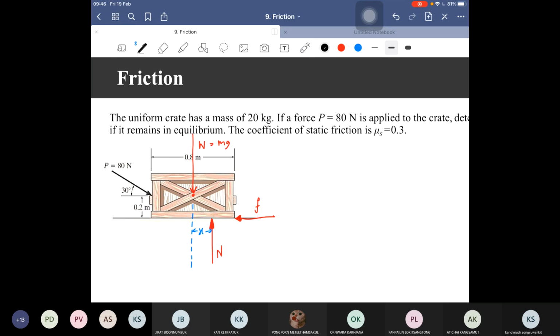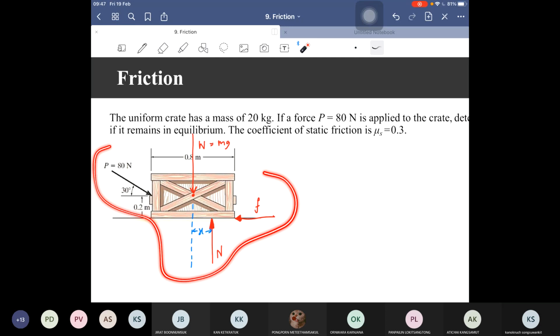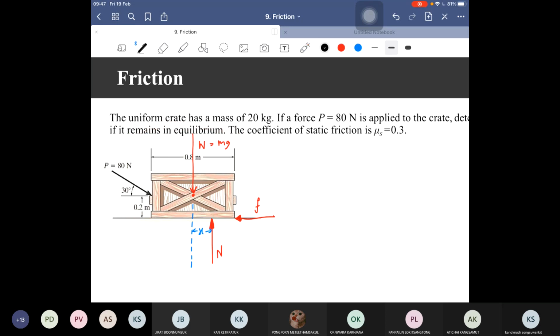Okay, so now we have all the forces on this system. Then we can take these forces and set them into the equations of equilibrium, like Fx equals 0 and Fy equals 0.